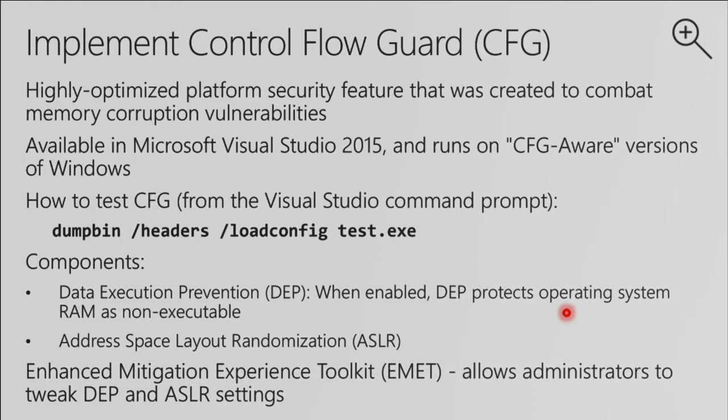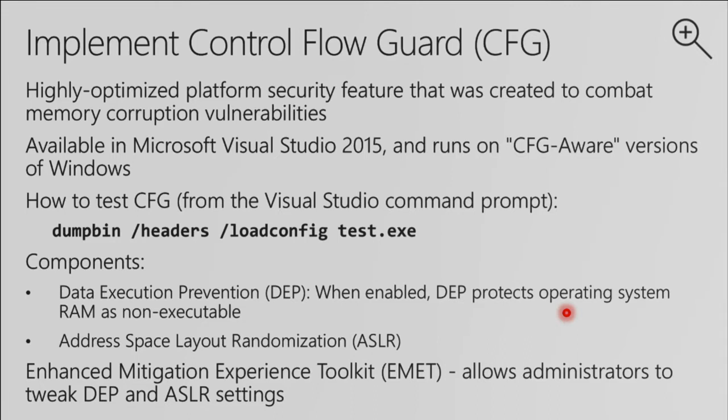That is an option before compiling a file, and you have the opportunity to test with dumpbin. It's an executable commandlet. You are able to test if your app is supporting the Control Flow Guard feature.